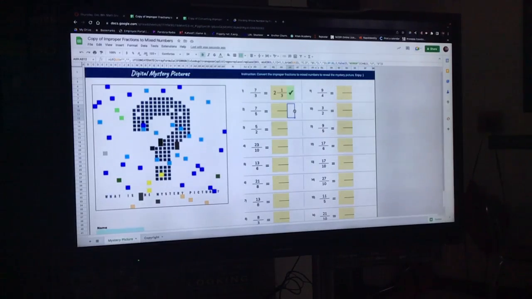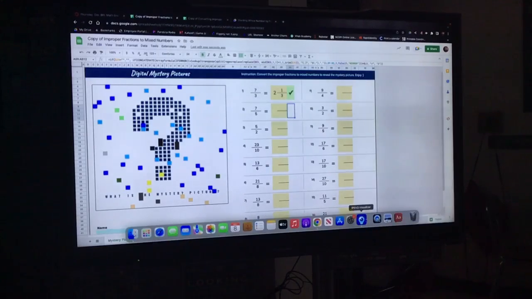Okay? Any questions? Do you have to do your work in your notebook? Yes. Yes, you do. And if you open up your notebook, turn a page.